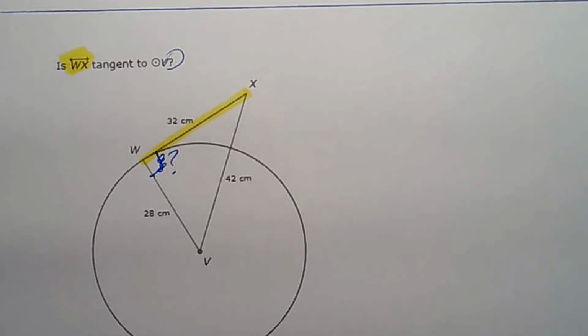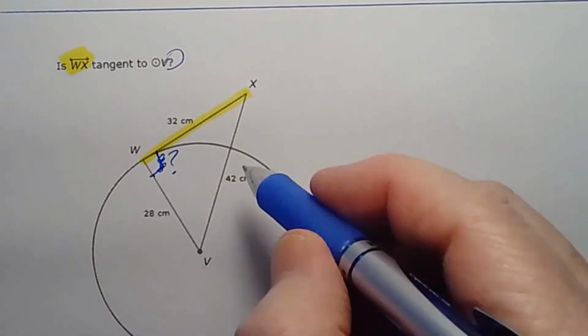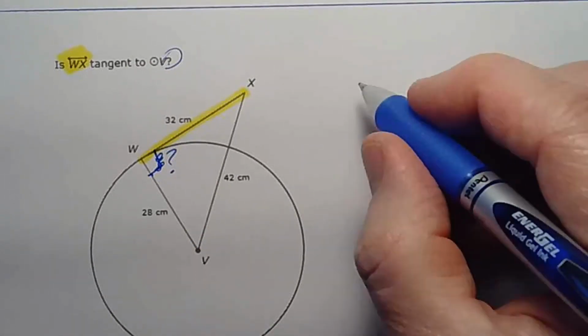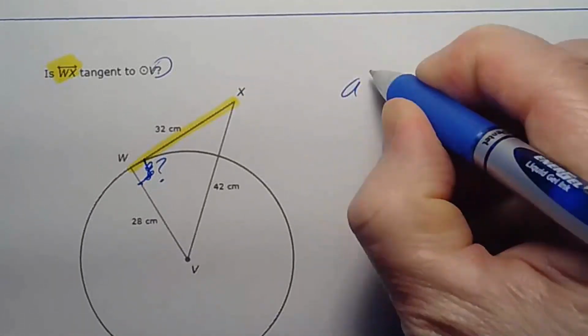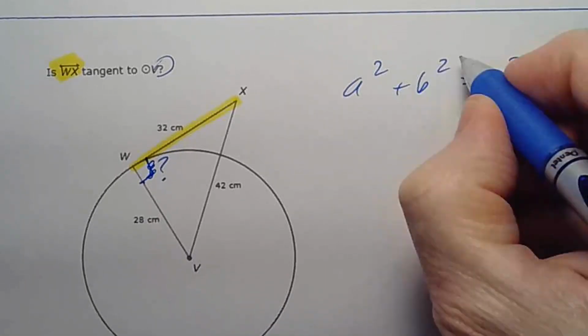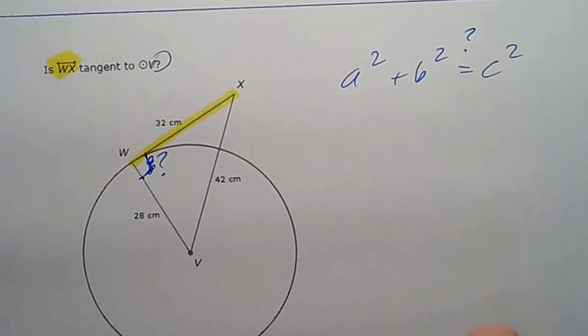Again, we use the Pythagorean theorem, but this time we're saying, let's see if it's true. Because look, we have 3 different lengths here. So in theory, it's all true, but this time we have to put a question mark on it. A squared plus B squared equals C squared. Maybe it does. If it does, that tells me it's a right triangle.